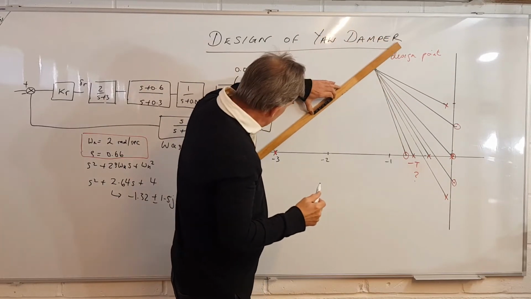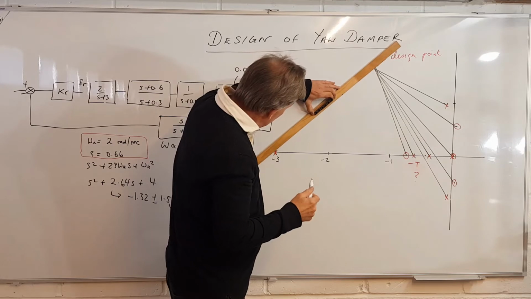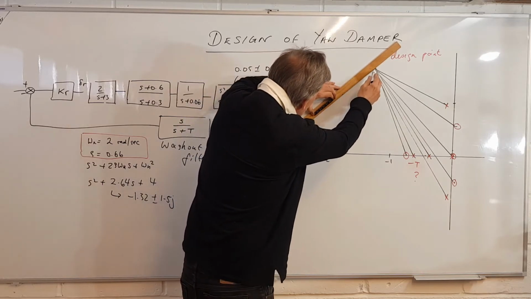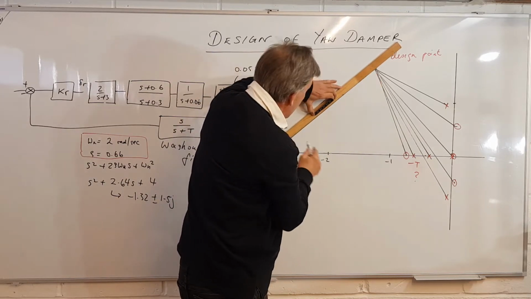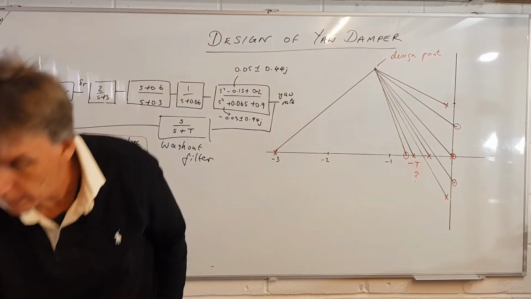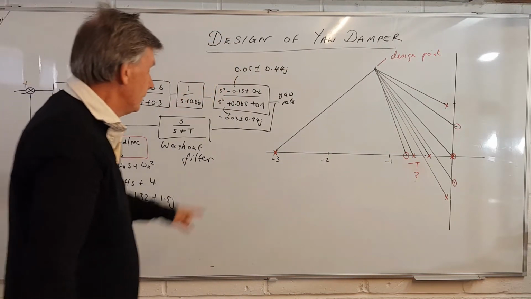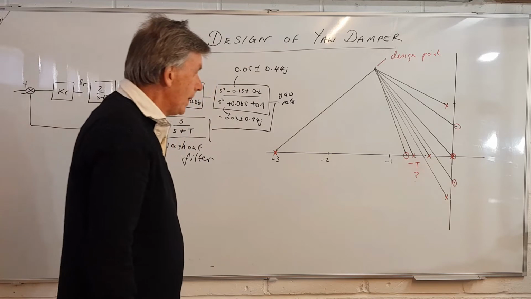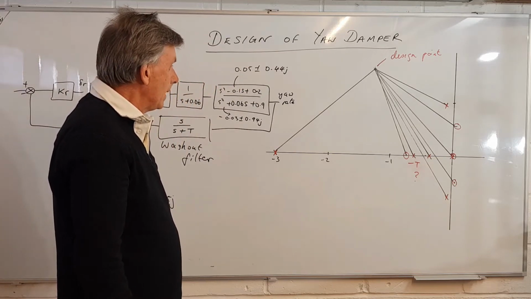And there's one more to finish off over here. If I get them in nicely. So we've now drawn in all of our lines to all of our poles and zeros.